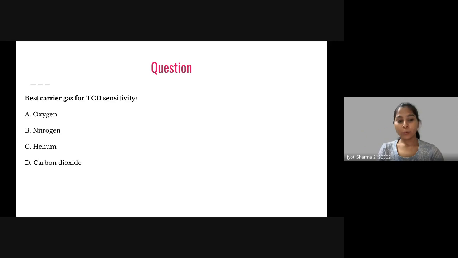C answer is the right one. And why C is the right answer? Because if we are talking about thermal conductivity, then we should have a very inert gas, right? And which have very specific thermal conductivity, right? So helium is the such gas. So that's why C answer is the right one.